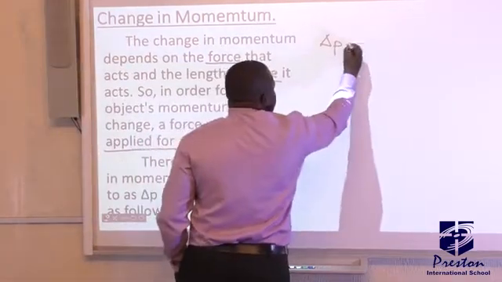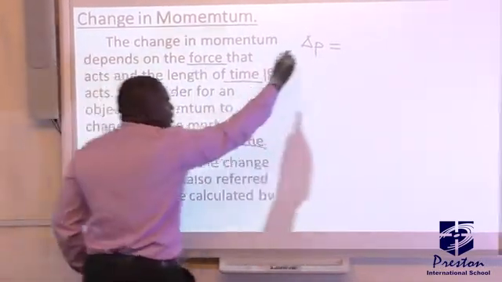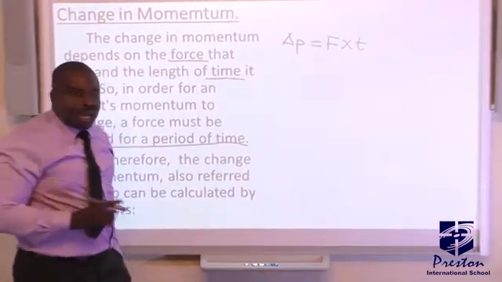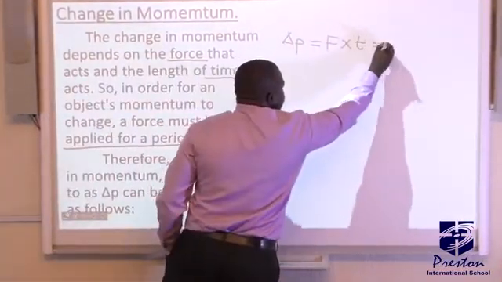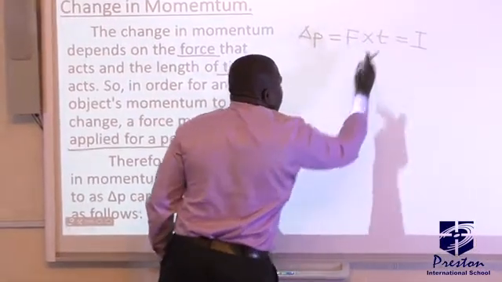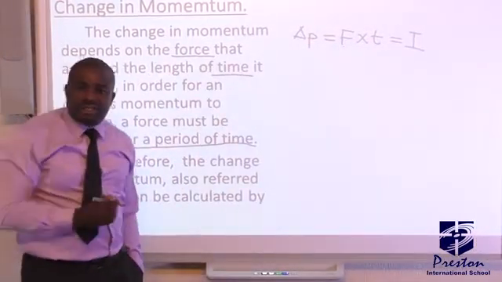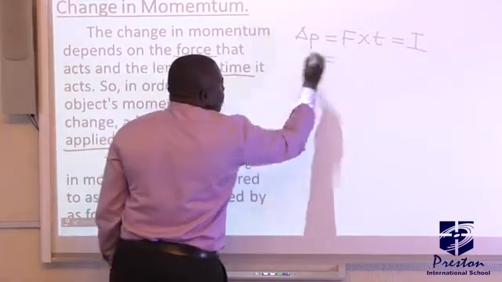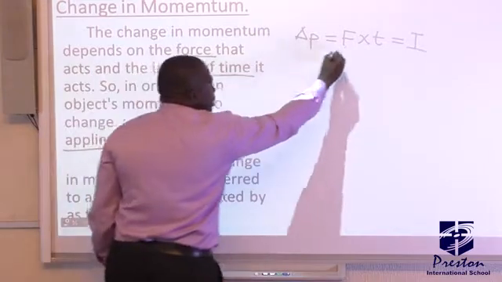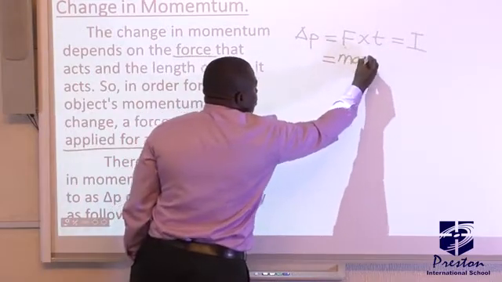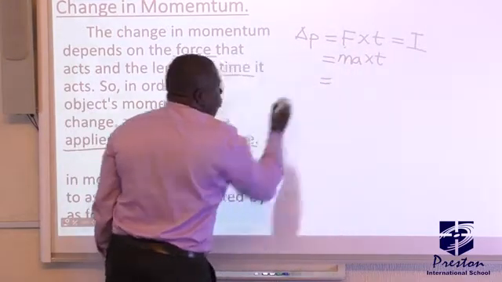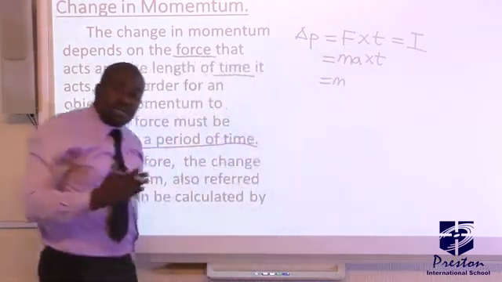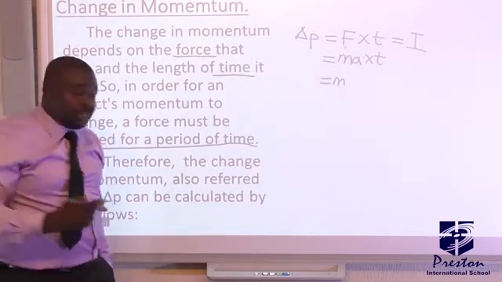So let's see from here: force and time. Force multiplied by time. And if you look at this properly, you discover that F multiplied by T is the same thing as I, which we call impulse. So don't forget from previous knowledge that force is m a, multiplied by T. So from here, I can say m, do you remember that acceleration is the rate of change of velocity with respect to time?